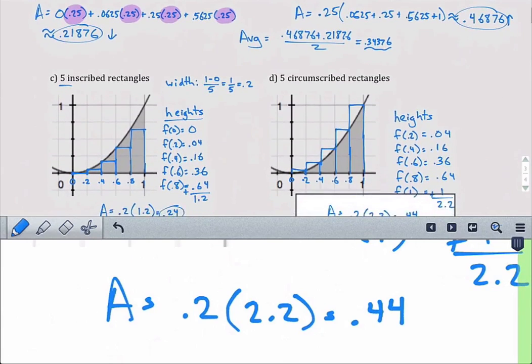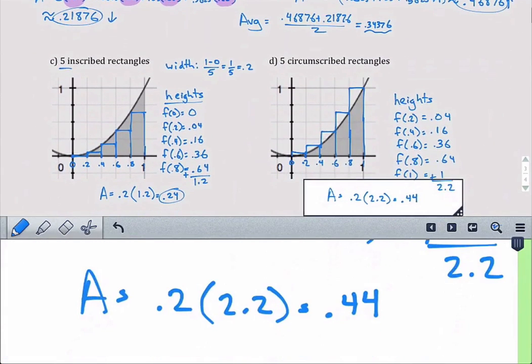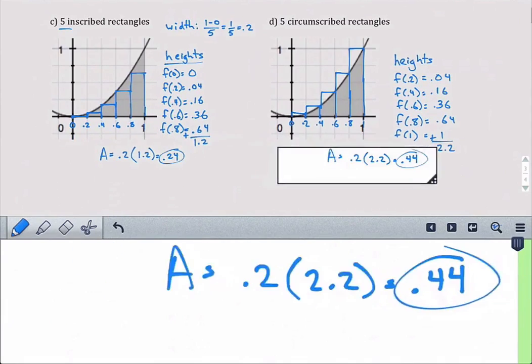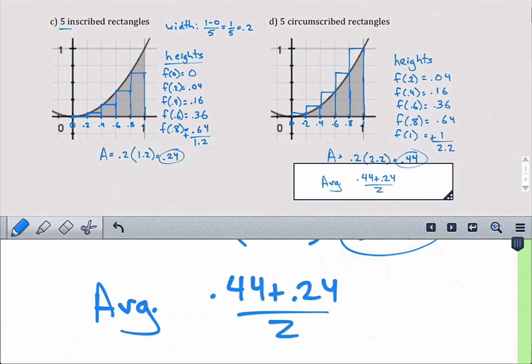You can see compared to 4 rectangles of 0.46876, which was an overestimate, now we're bringing it back down, getting a little bit closer. If we found our average now of these two, we would get a better approximation, so 0.44 plus 0.24 over 2, and this is about 0.34. And again, it's just an approximation.